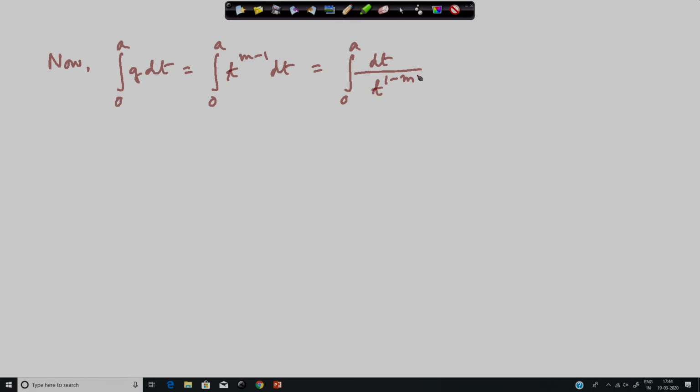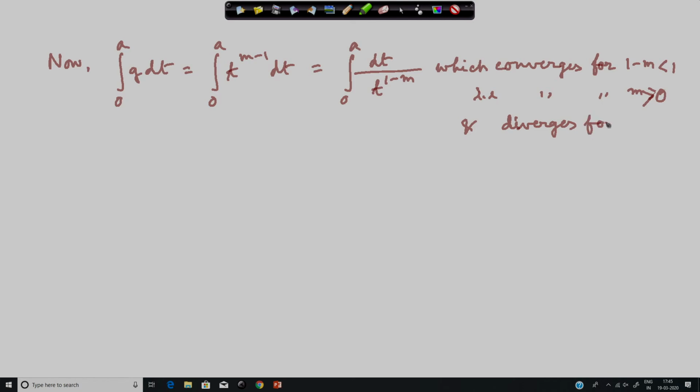Now this is a type 3 integral, and this converges for 1 minus m less than 1, that is, converges for m greater than 0, and diverges for 1 minus m greater than or equal to 1, that is, for m less than or equal to 0.